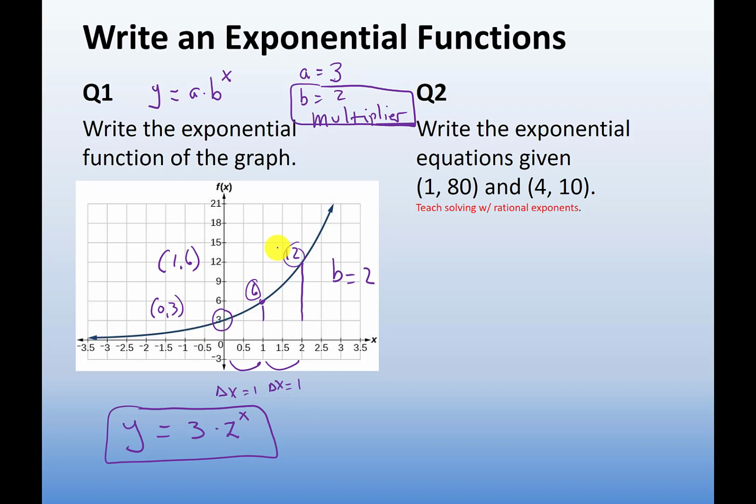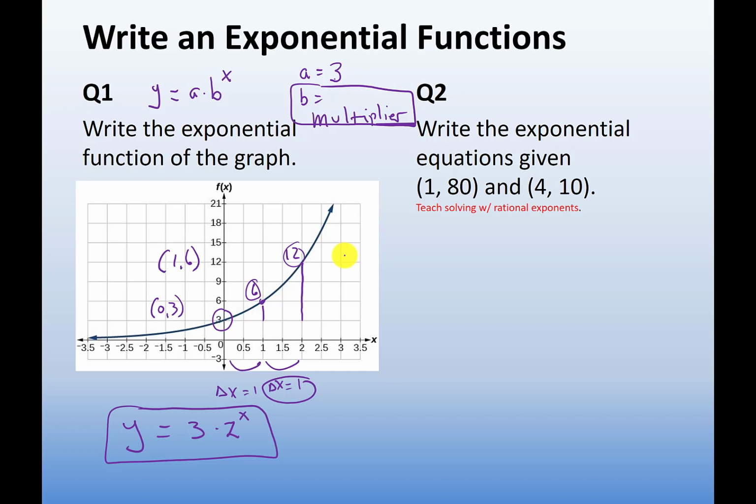Okay, now this intuitive approach was really easy here because the x's were counting by ones. Oh, one more detail here to help with the intuitive approach. Let's pretend that we couldn't do it intuitively and we were having trouble finding b. Now we know it's 2 already, but b is the multiplier, and if we can't figure out the b, we can work backwards by dividing.